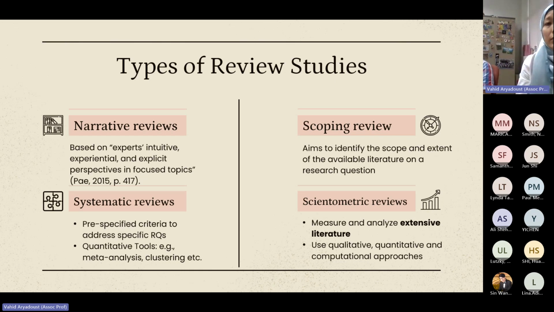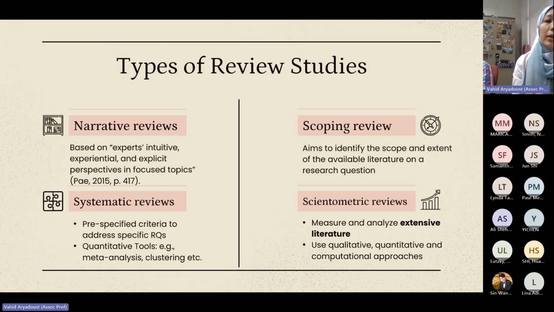So these are several types of review studies that have been done. Narrative reviews are based on experts' intuitive, experiential, and explicit perspectives in focused topics. And of course, this has its pluses, but the major minus is that they tend to be quite subjective. And the selection of the research that is being reviewed is dependent on these experts' intuition.